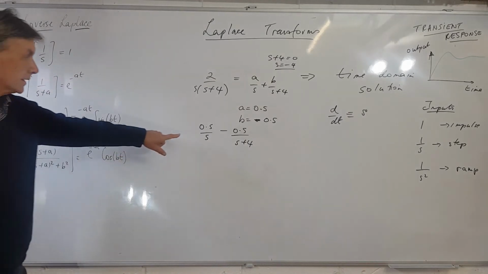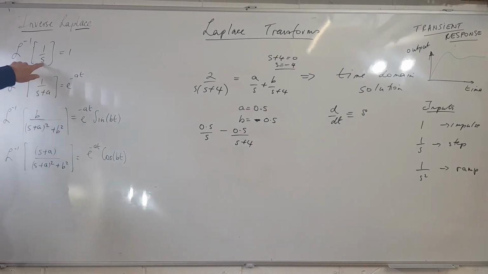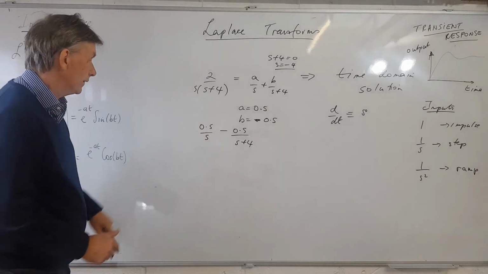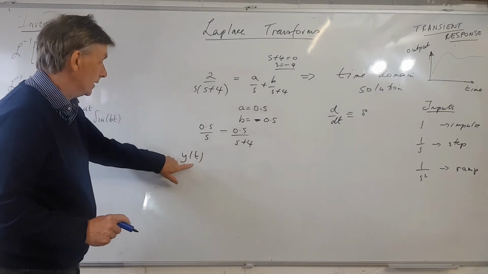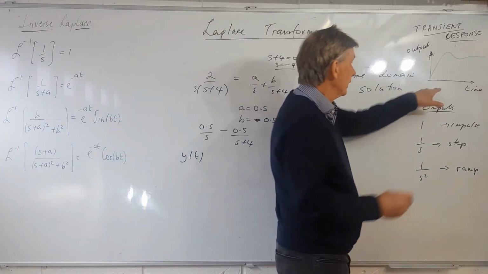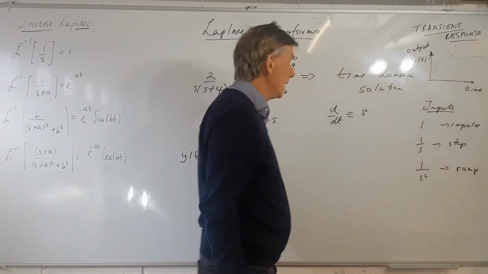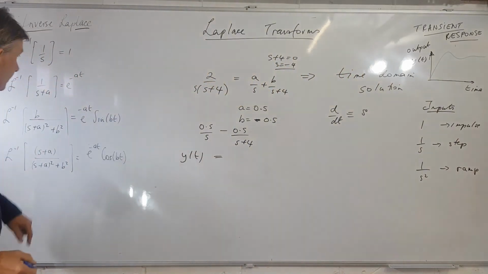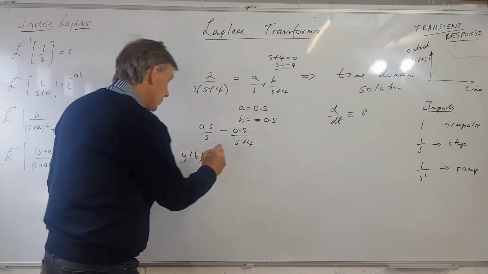Then, having got to this stage, I now look for my inverse Laplace transforms. I've got a 1 over s term is 1, but it's multiplied by 0.5. So I get y of t now, the time domain response. This equation now is this output graph here, y of t against time, and it's given by 1 over s is just 1, and 0.5 times 1 is 0.5.